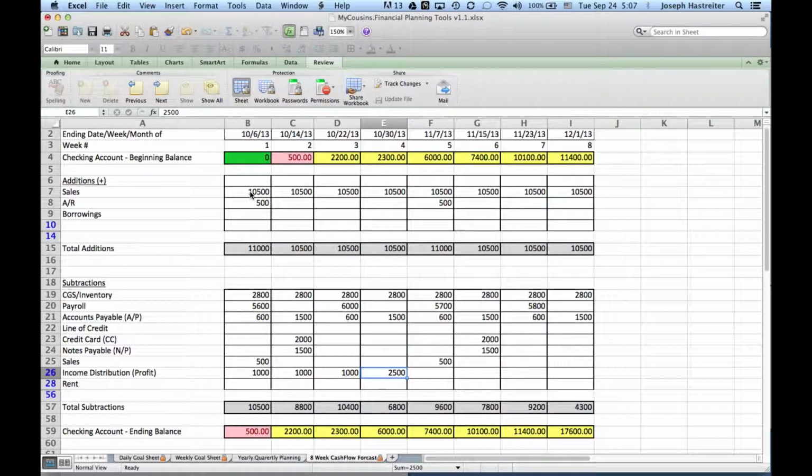Now also, we won't get into a lot of detail here because we talked about this in Fundamentals of Financials. Your personal quarterly estimated tax payments would be included in this money that you're taking out. So of this money you're taking out, you want to make sure you're talking to your accountant, figuring out what your quarterly estimated tax payments are, and how much you'd have to set aside each month out of the money that you take out, so that when you get to those weeks where you have to make that payment, you don't have to add another line item here for quarterly estimated tax payments and subtract that out as well.